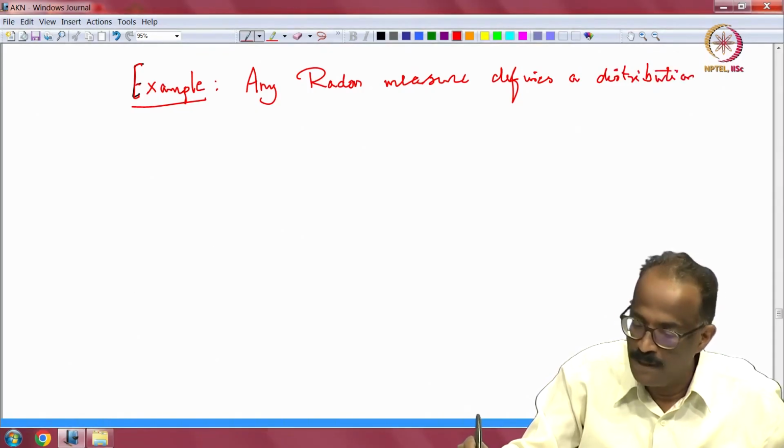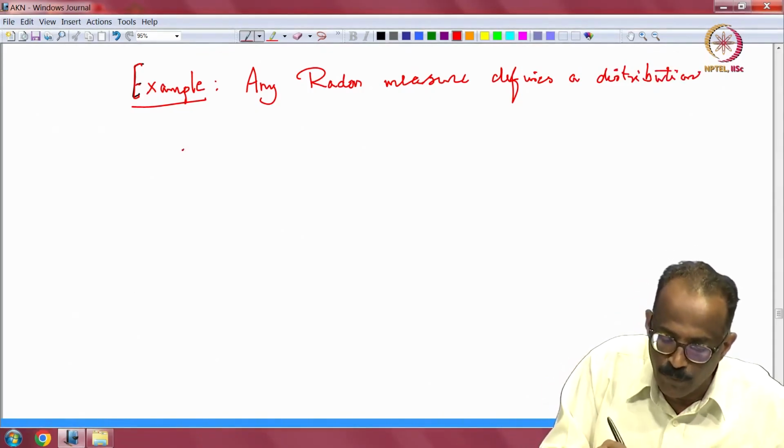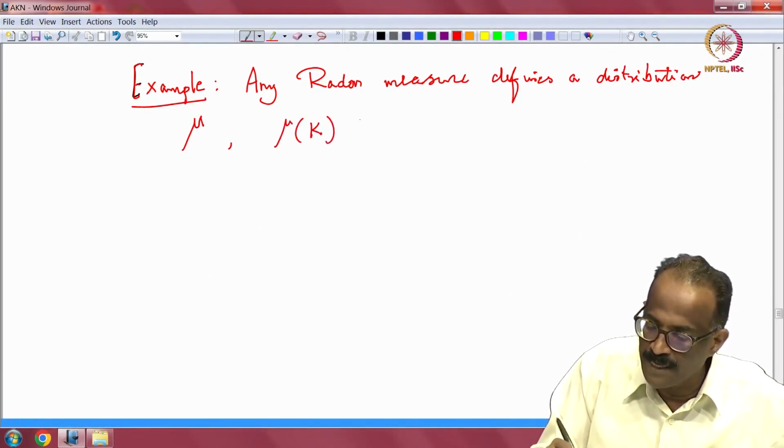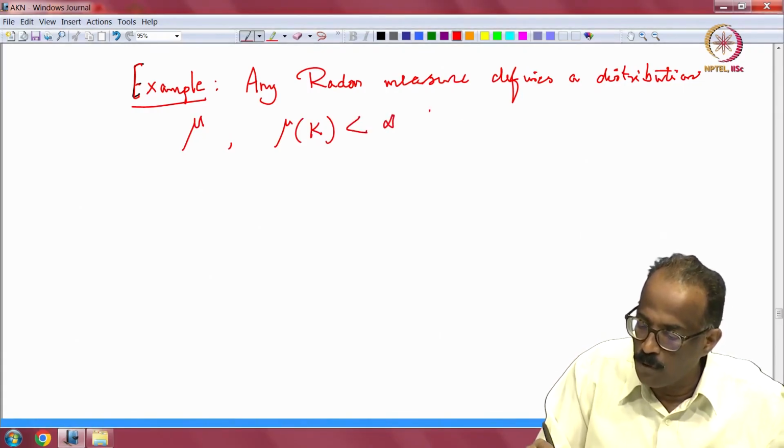How do we define it? What is the meaning of a Radon measure? We say mu is a Radon measure if mu of K is finite for all compact sets K.